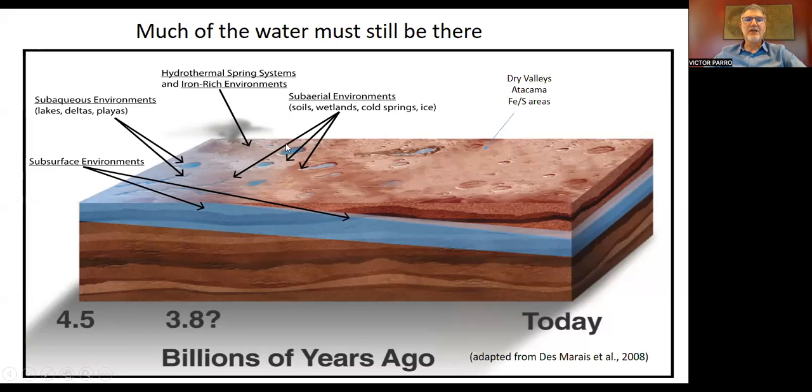From this ancient environment that might have been hydrothermal, subaquatic, subsurface, for billions of years this water might still be kept under the surface, under several centimeters or even meters of regolith. This is important to understand, and it is one of the key subjects of much research in Mars exploration.